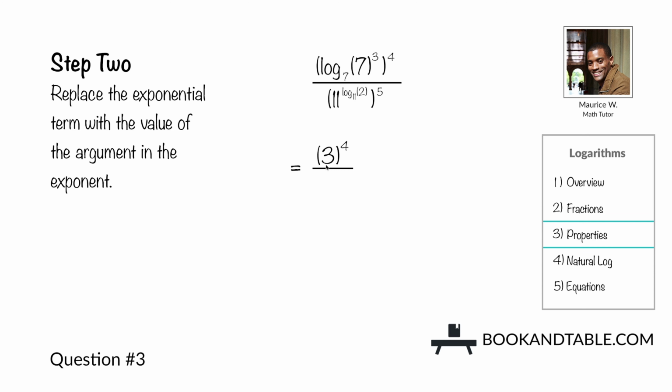And now in the denominator, since this 11 and this base of 11 match, we can cancel those out, leaving us with the value of the argument in the exponent, which is 2. And that 2 is raised to the power of 5.